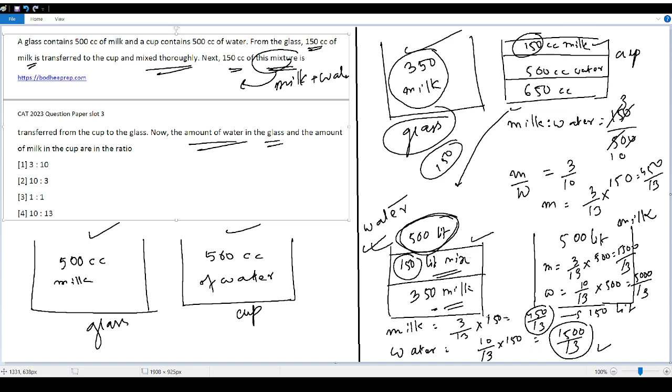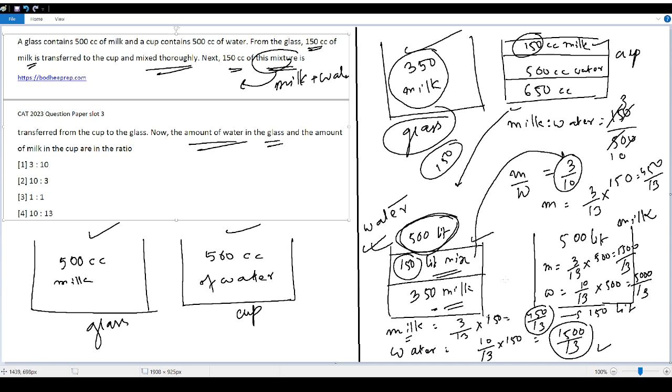This 150 cc of mixture came with the ratio 3 is to 10. So the amount of milk is 3 by 13 into 150, that is 450 by 13. And the amount of water is 10 by 13 into 150, that is 1500 by 13.